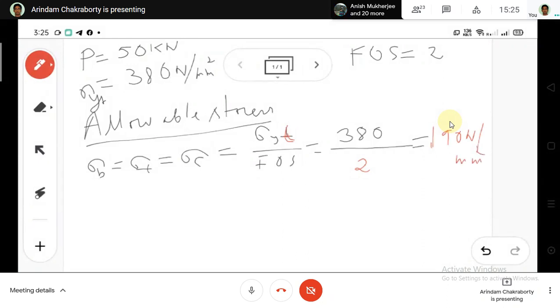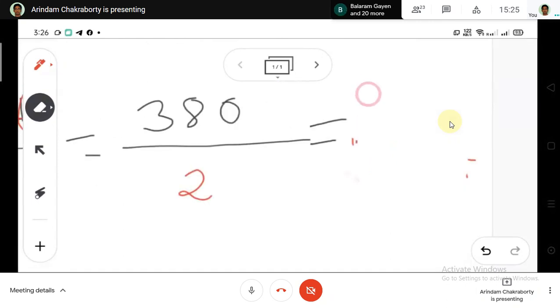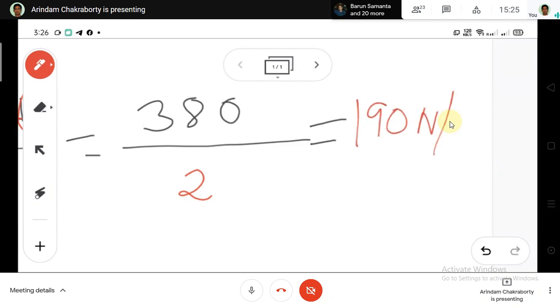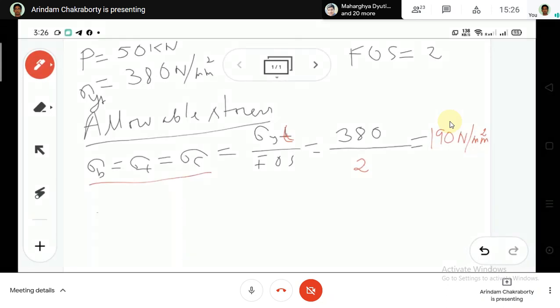Now let me write it here: 190 Newton per millimeter square. After that, this is for one method, and for another, the allowable stress for shear, tau.